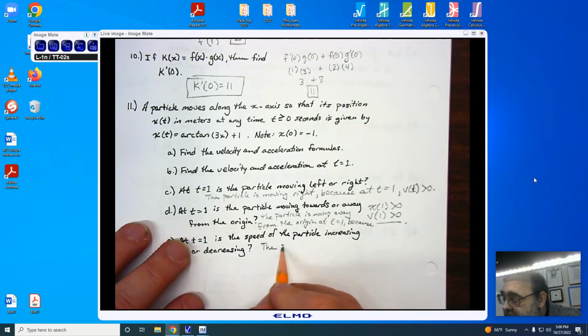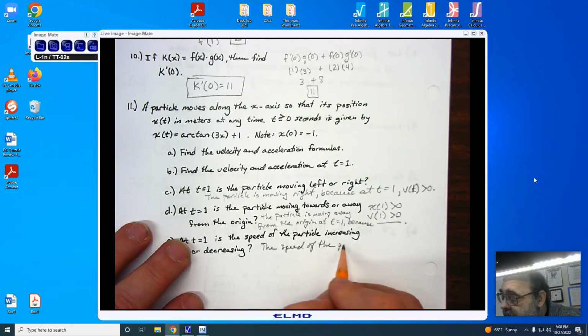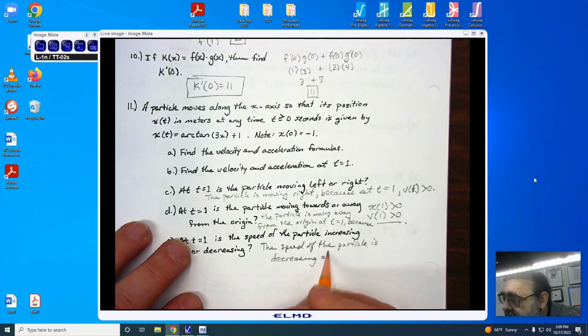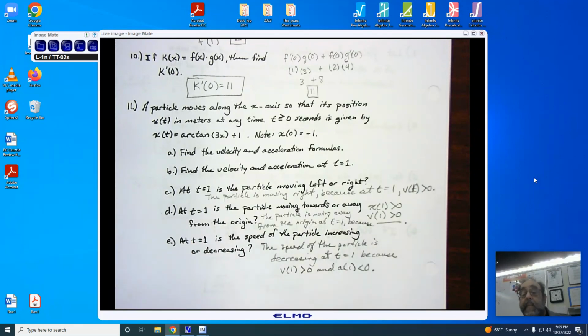The speed of the particle is decreasing at t equals 1 because v of 1 is greater than 0 and a of 1 is less than 0. And that's all I need.